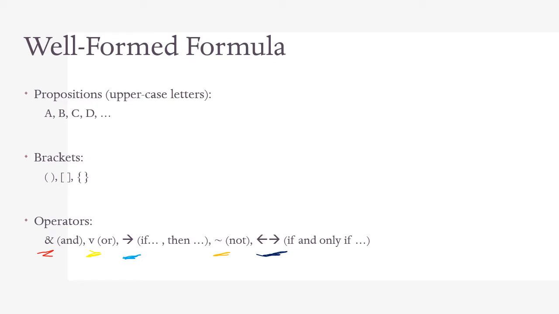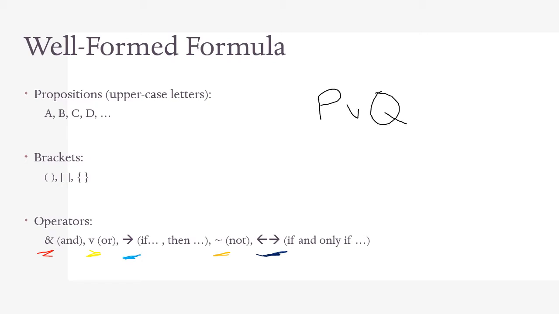So when we go to write statements, we want to make sure that we write them in such a way that adheres to these rules. The first notion is that, say we have some statement P, and we want to include an operator. Let's just go with the wedge.